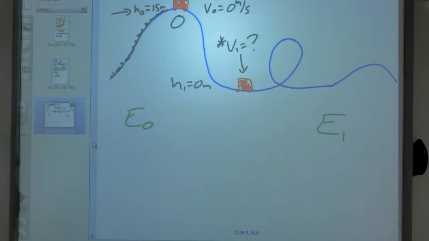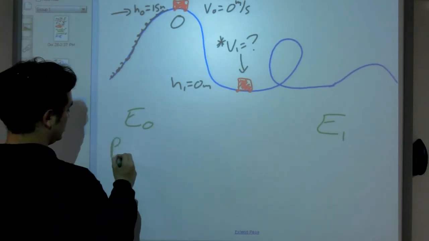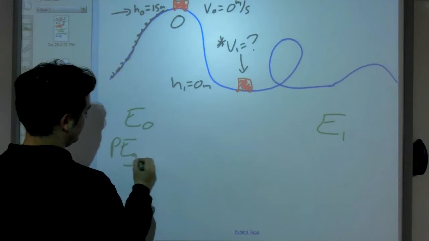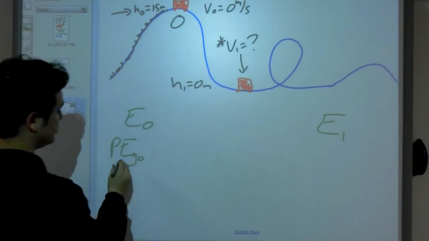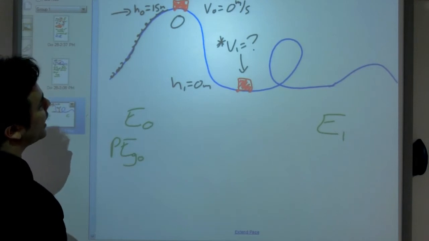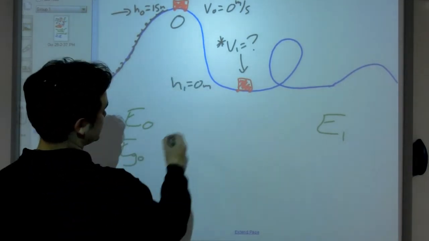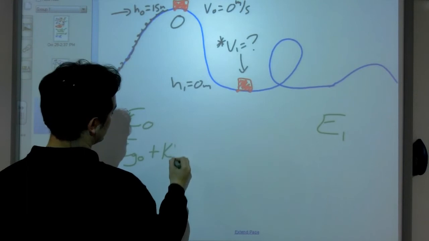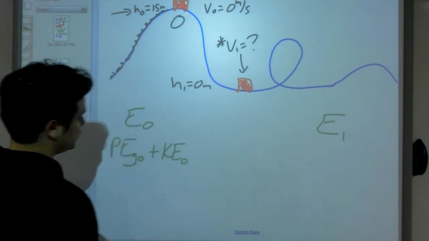One way to figure out what energies you're dealing with is to ask yourself what forces are going to act on it. One of the main ones is going to be gravity. So we're probably going to have some potential energy due to gravity. So I have an initial potential energy due to gravity. And I'm going to be dealing with something that's moving, so I'm likely to have some kinetic energy. So this is my initial one.